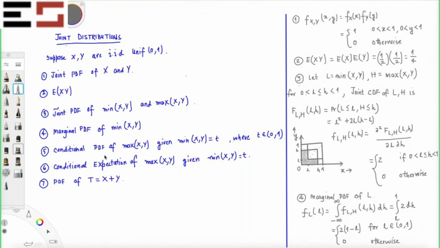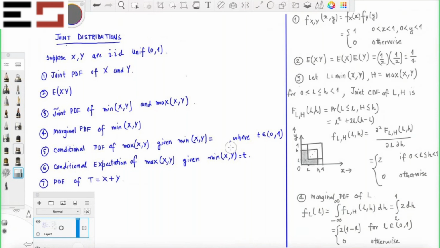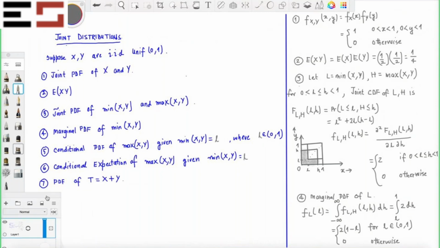Okay. So let us now figure out the conditional PDF of max xy given that min xy is some value t. Or let's make it L. Let's be consistent.